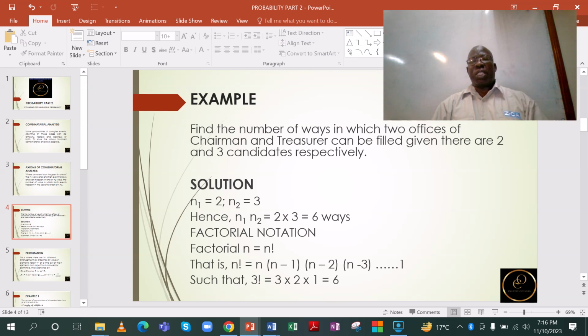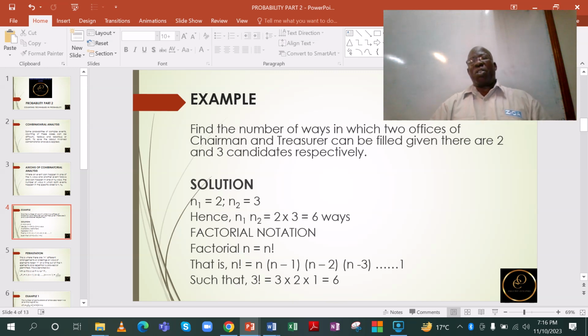So for the office of chairman, there are 2 competing candidates, and for the office of treasurer, there are 3 candidates competing. We want to find in how many ways these two offices can be filled.